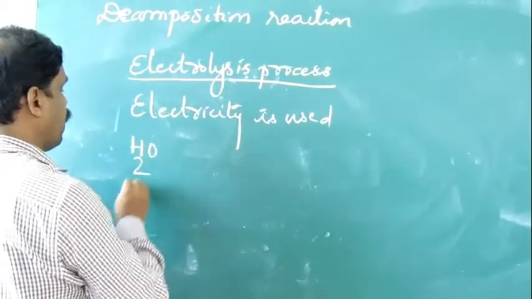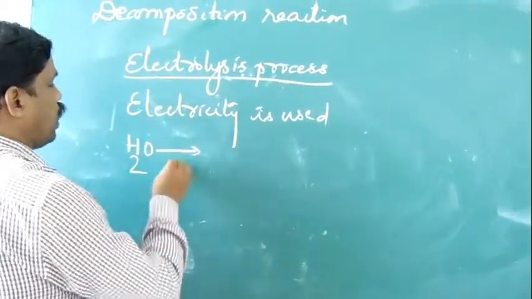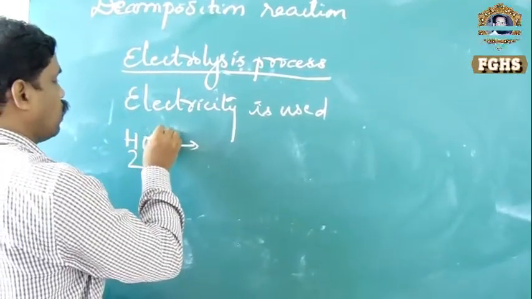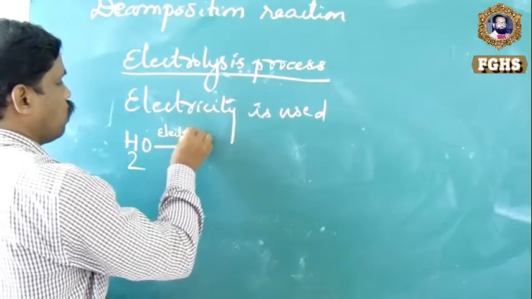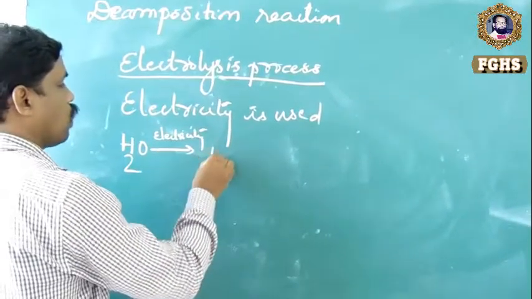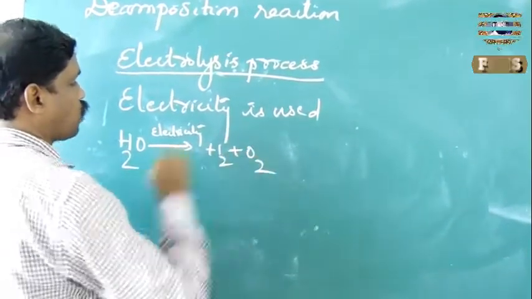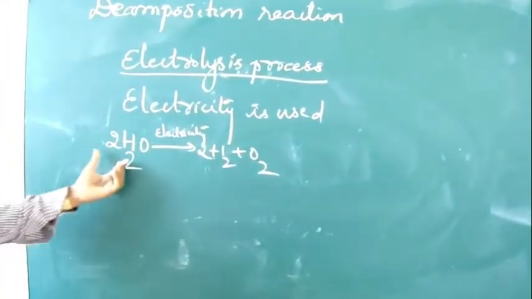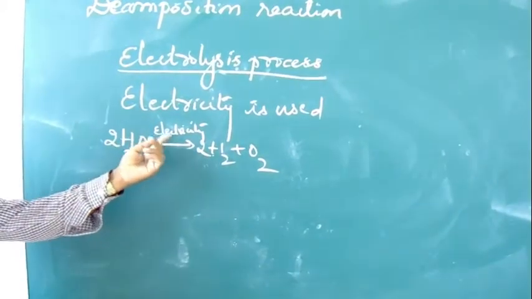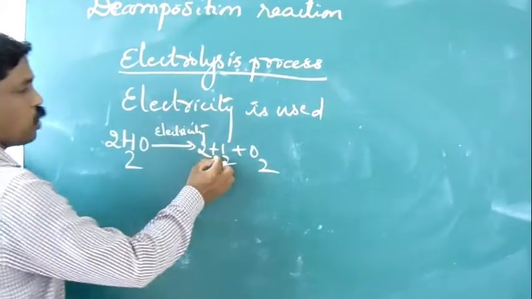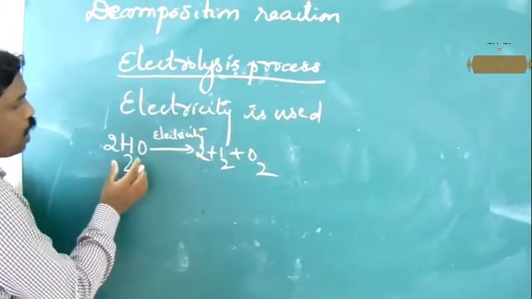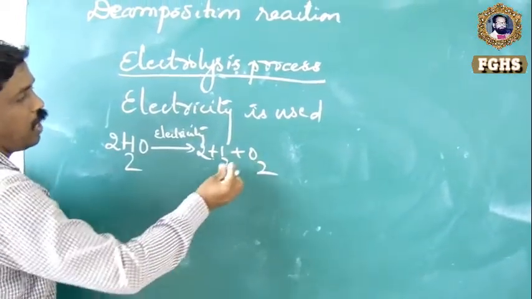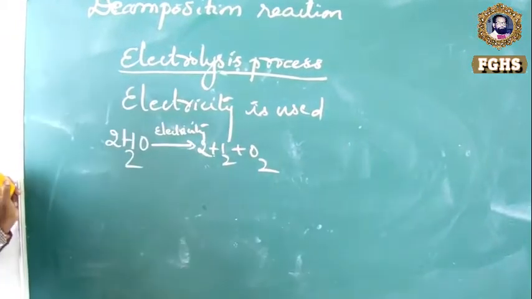When water gets decomposed due to electrolysis process, electricity is used. It gives hydrogen and oxygen. When water gets decomposed due to electricity, it gives hydrogen and oxygen gases respectively.